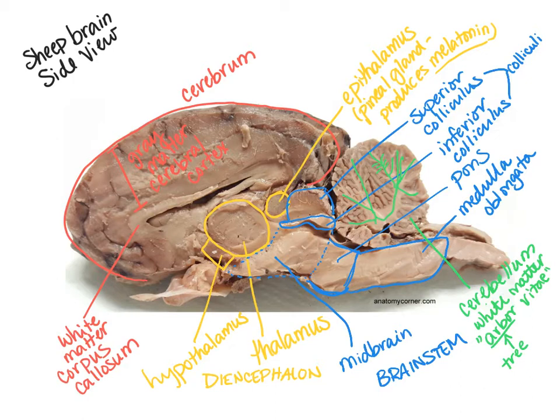Additionally, some other structures that I want to point out from this view. We can see the side view of the spinal cord here. We can also see the cut end of the optic chiasm. And then this is a structure that we weren't able to see on the other inferior view of the brain, but we can see it on this image, and this is actually the pituitary gland.